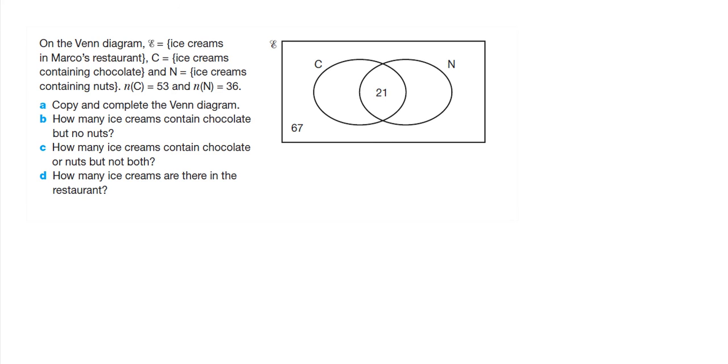What you need to do is, as you can see, the number of the C set is 53. So we have to cancel out this 53 with 21. We will get to know how many ice creams have only chocolate and not nuts.